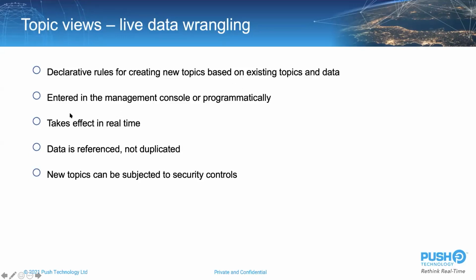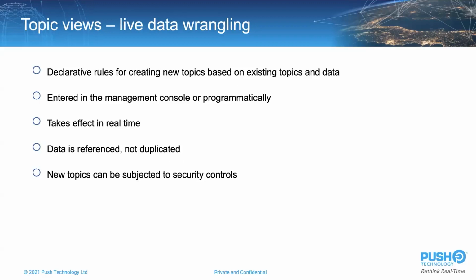One of the main points around topic views is that we are not actually copying data around the place. We are actually referencing the original data source. We are just presenting a different view of the data. Because we aren't copying data, there is less overhead, and therefore topic views add very little processing overhead on the Diffusion system.